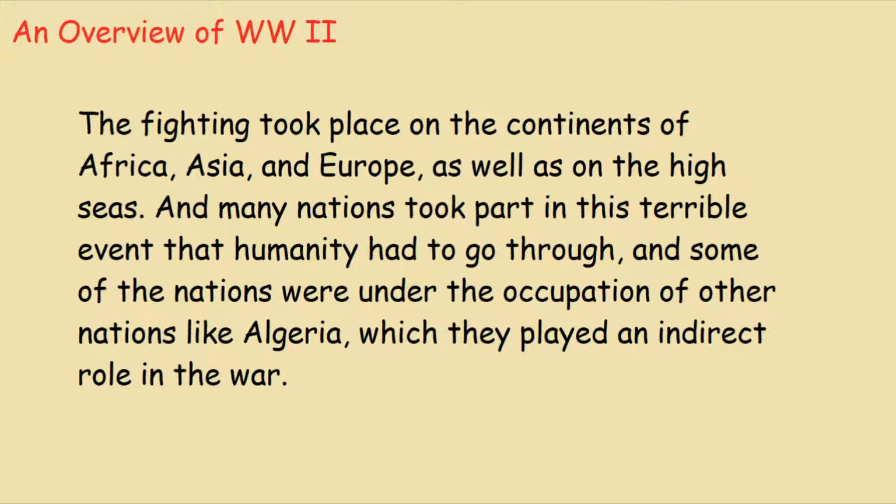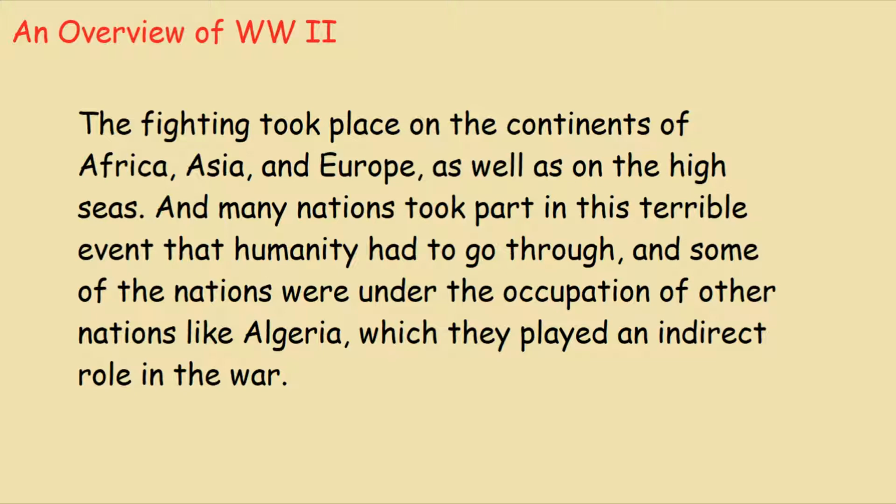Some of the nations were still under the occupation of other nations, like Algeria. Algeria at that time was still colonized by France, and France took part in the Second World War. So they used the Algerians indirectly, in order to help France win the war against the Axis power, or Germany at that time.